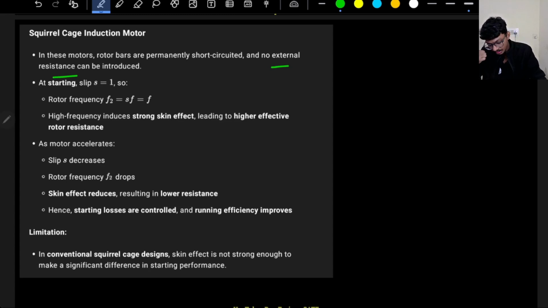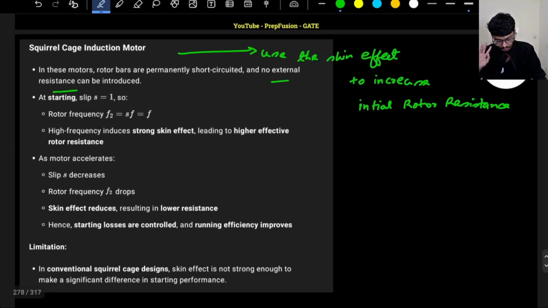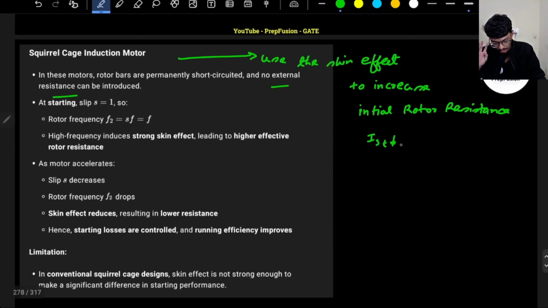So what we will do is use the skin effect to increase the initial rotor resistance, so that there will be higher starting torque, and the starting current can also be reduced.